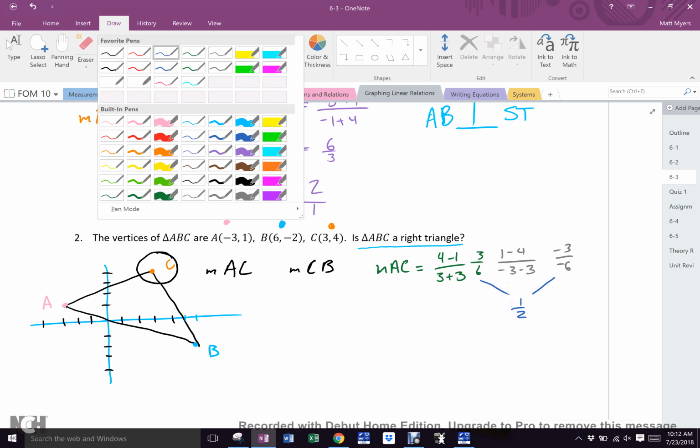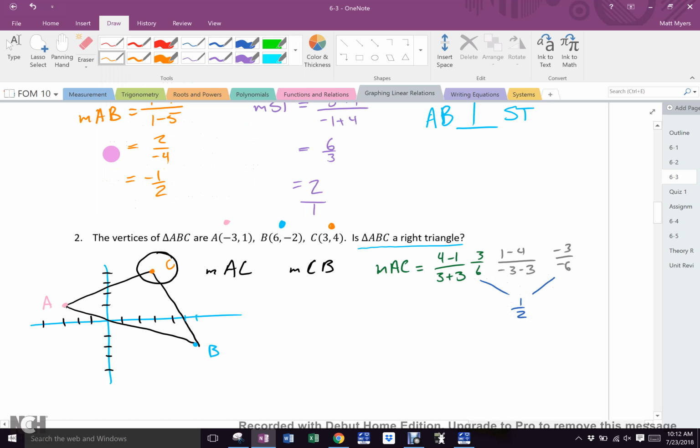What's the slope of CB? Somebody give me the first version. What could I write? 4 minus negative 2 over 3 minus 6.